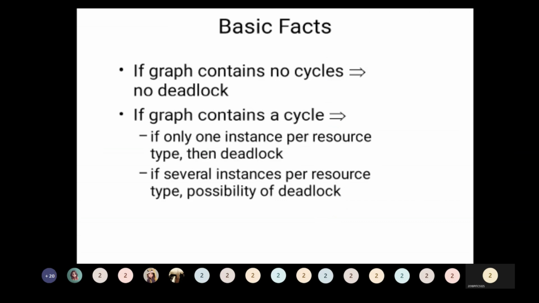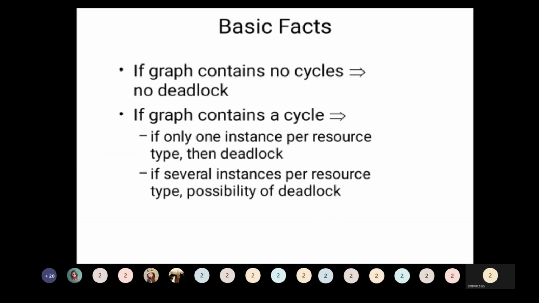Now from this resource allocation graph, the following facts can be inferred. If the graph contains no cycles, then there will not be a deadlock. If a graph contains a cycle and there is only one instance per resource type, then there will be a deadlock.